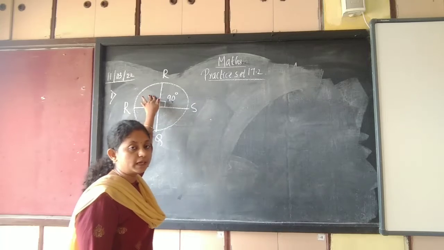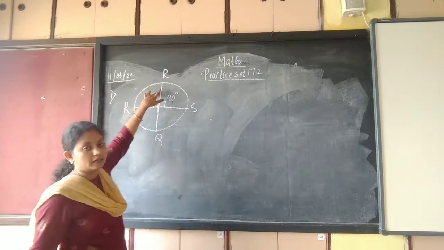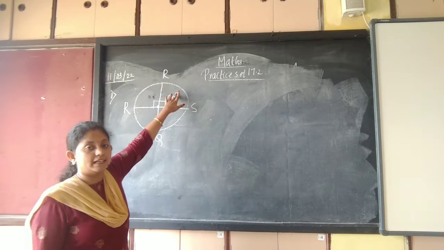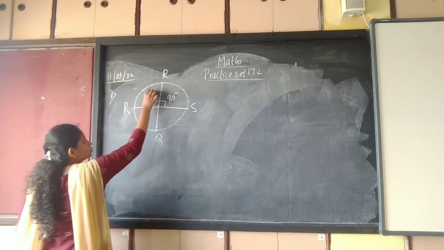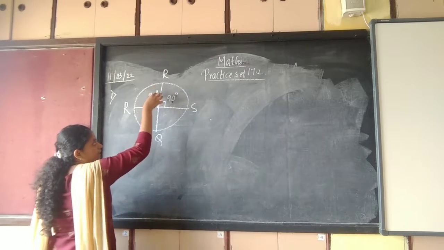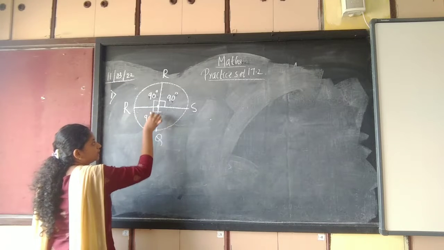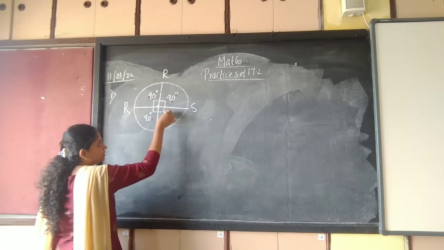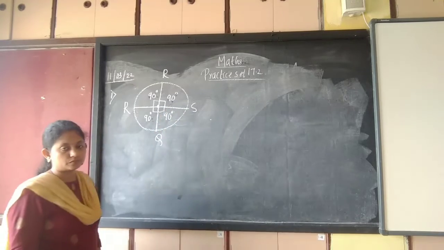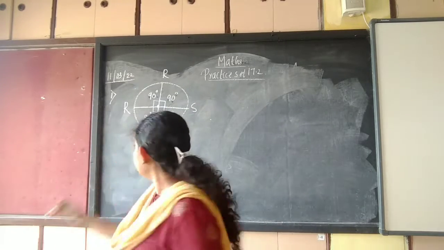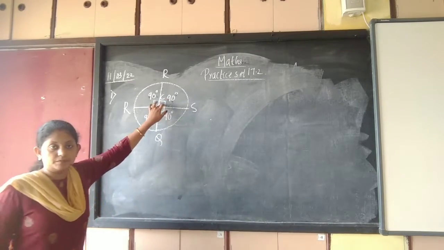It will also be 90 degrees as they are perpendicular, and in a linear pair, if this is 90 then 180 minus 90 is 90, isn't it? Similarly, if this is 90, this will also be 90 degrees, correct? And the same happens here also. The center here is C.